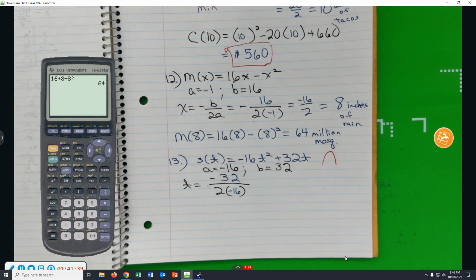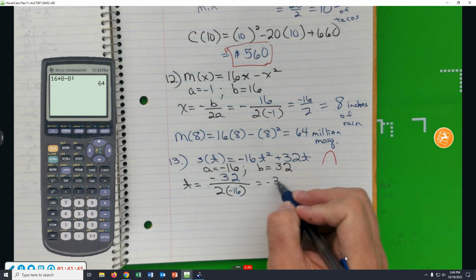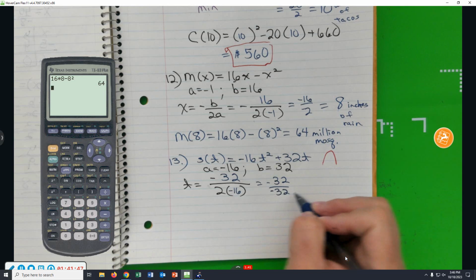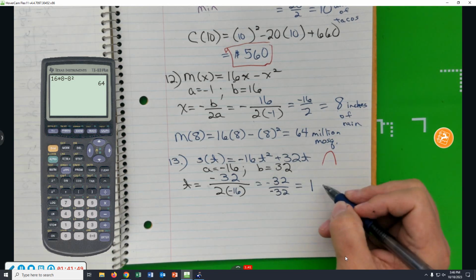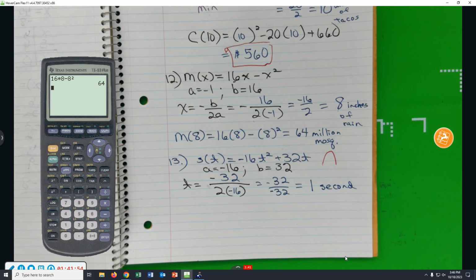That's negative 32 divided by negative 32, which is 1. So this is going to be a very short trip. It goes up for 1 second, and then it falls back down.